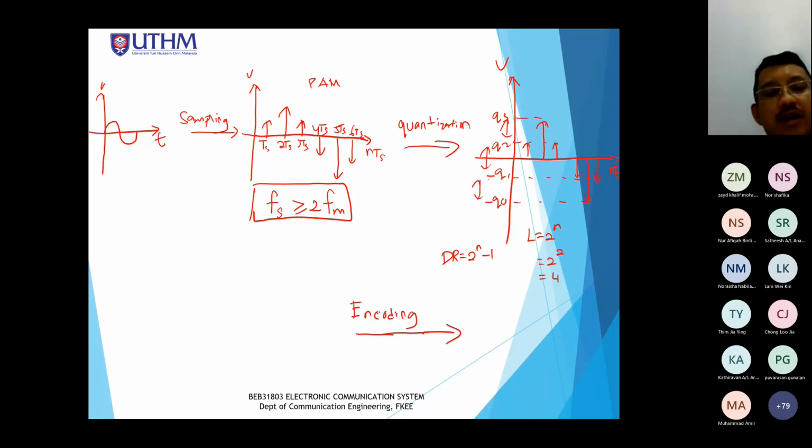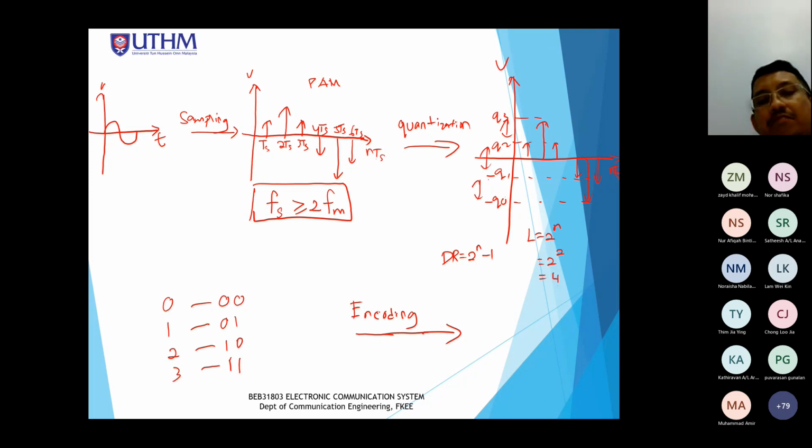That means I'm going to have 4 different unique codes, which are 00, 01, 10, and 11. This actually corresponds to decimal 0, decimal 1, decimal 2, and decimal 3.